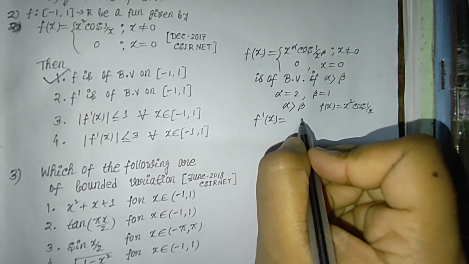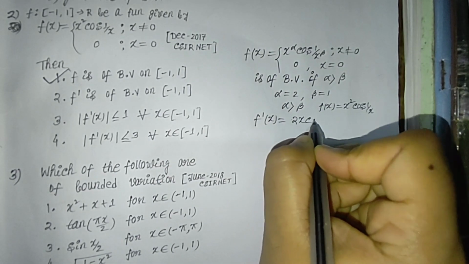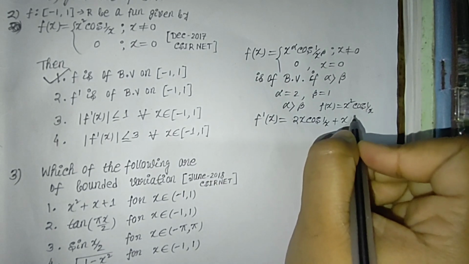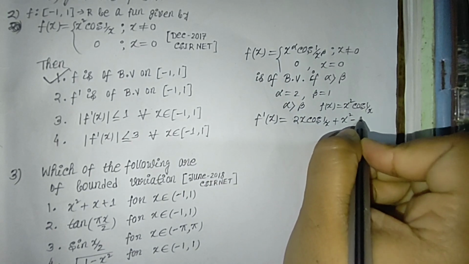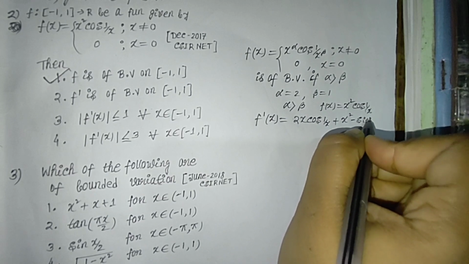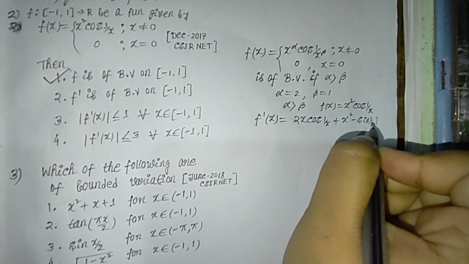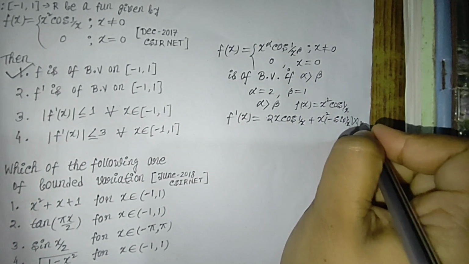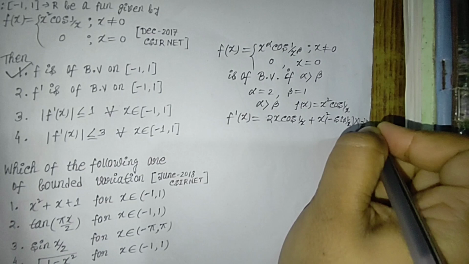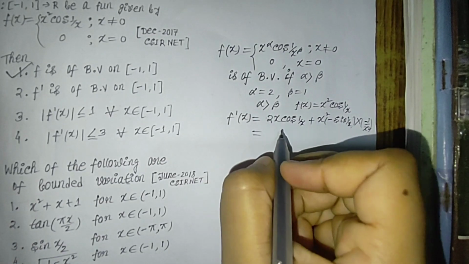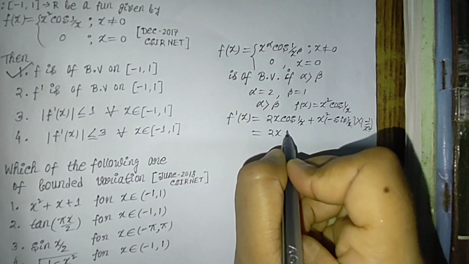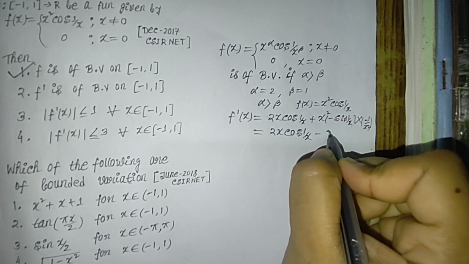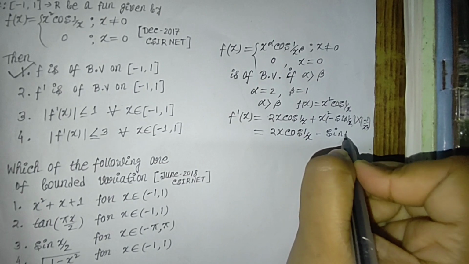Then f dash x equal to 2x cos 1 by x plus x square into minus sin 1 by x into minus 1 by x square, that is equal to 2x cos 1 by x minus sin 1 by x.